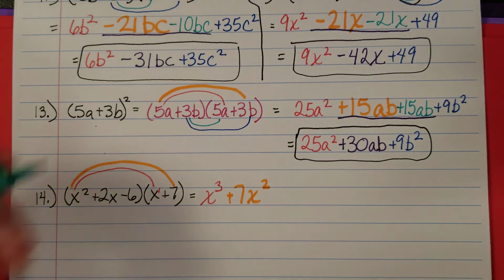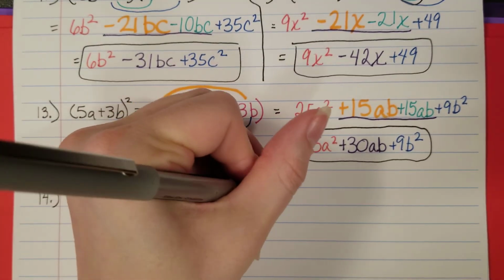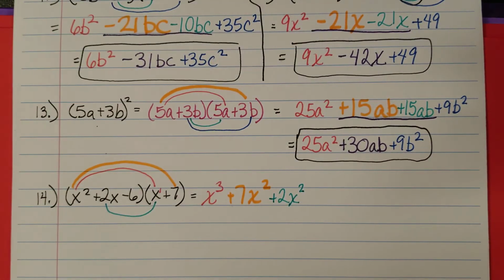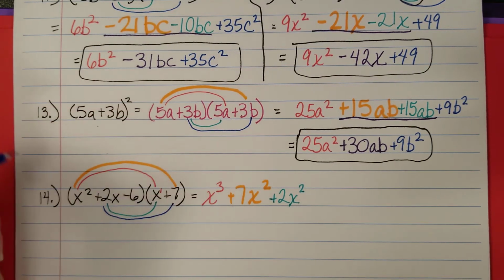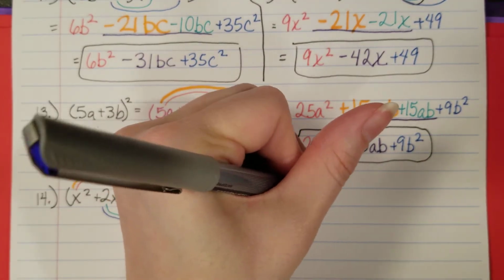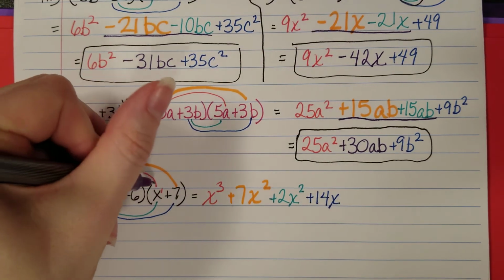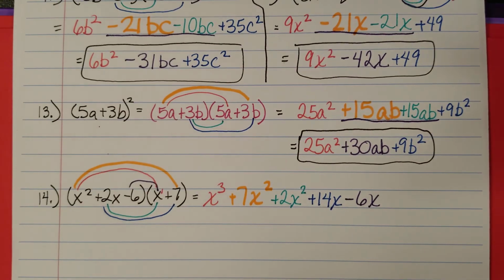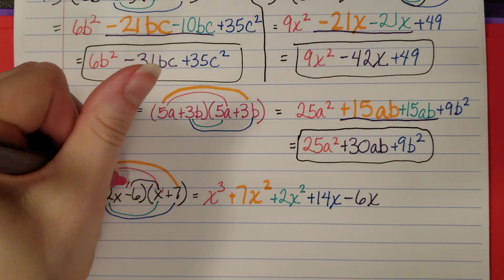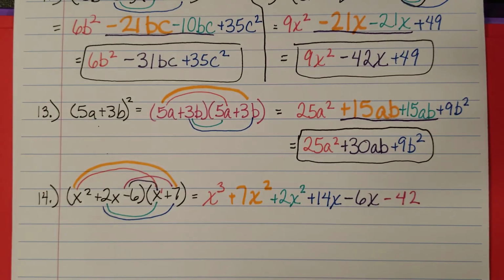Then I will do 2x times x, which would be plus 2x squared. Then I'm going to do 2x times 7, which gives me plus 14x. Then I'm going to do negative 6 times x, which is minus 6x. And finally, I will do negative 6 times 7, which gives me minus 42.